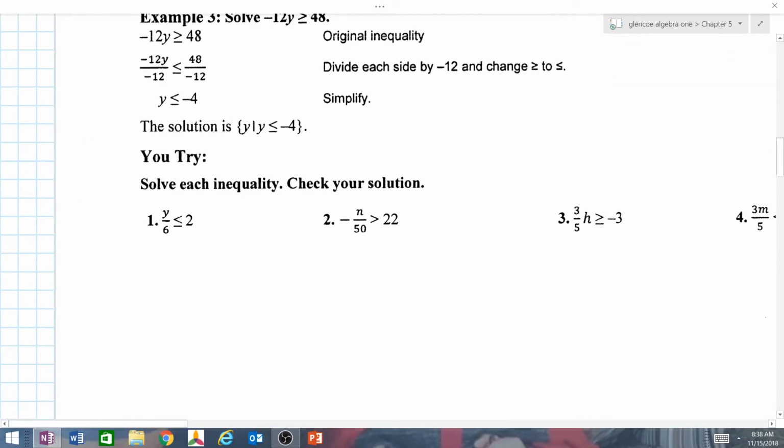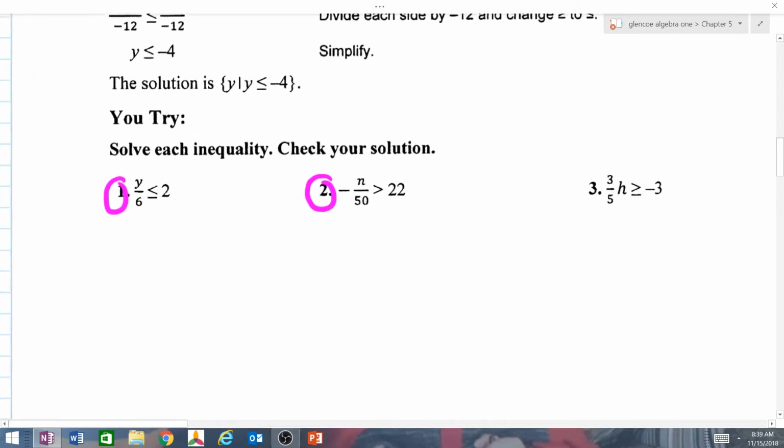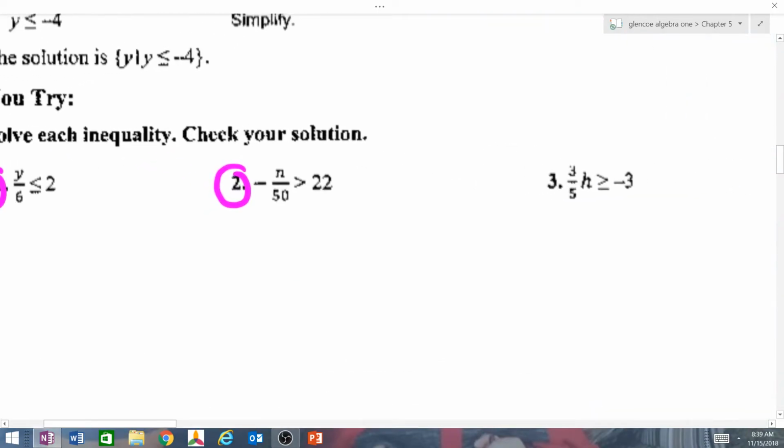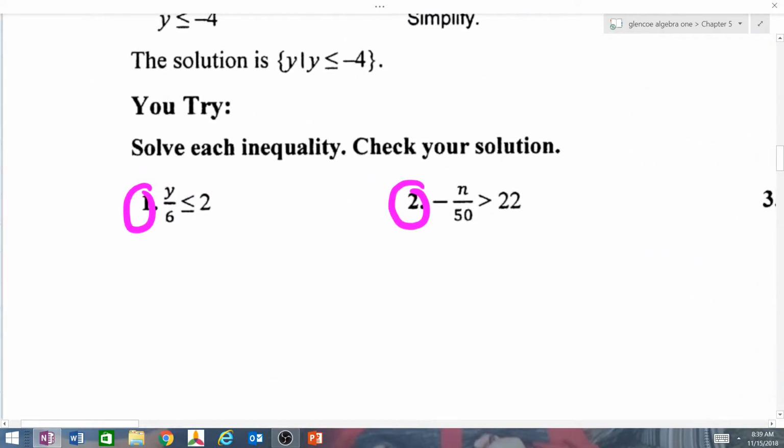Why don't you guys try number 1 and number 2. Number 1 is y over 6 is less than or equal to 2. Let's think what we're going to do to both sides of that inequality to make it work.